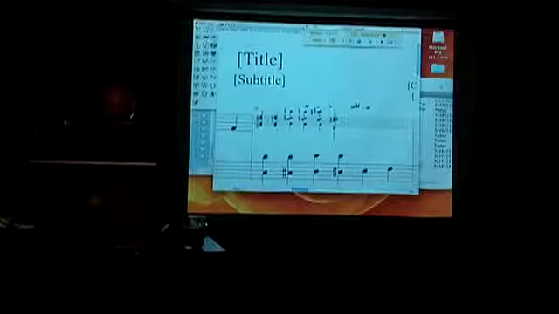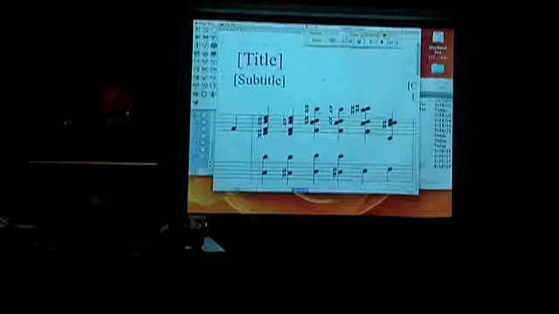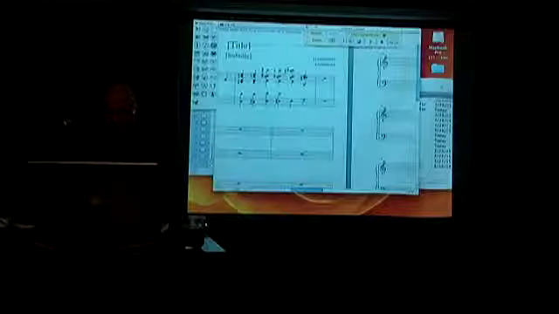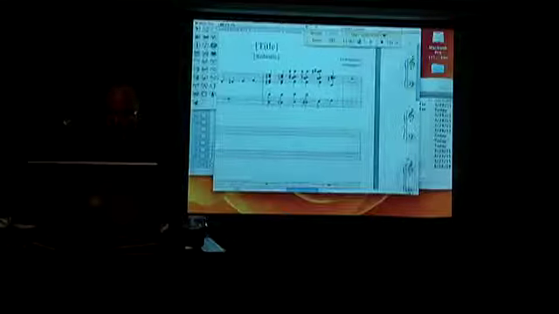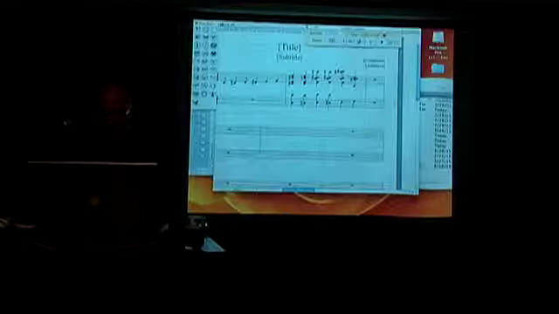F natural. No, we have F natural. What are we missing here? D sharp? D sharp. Right, but then go back to the original?